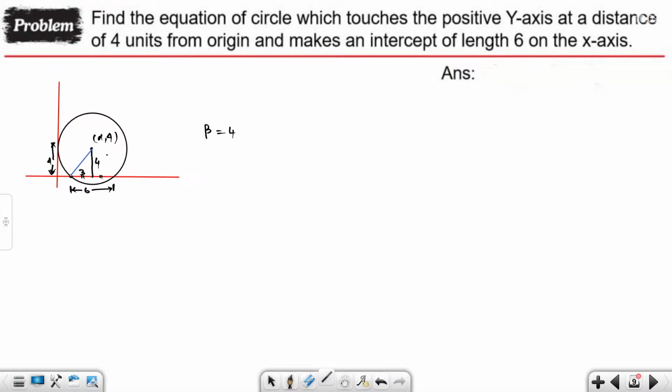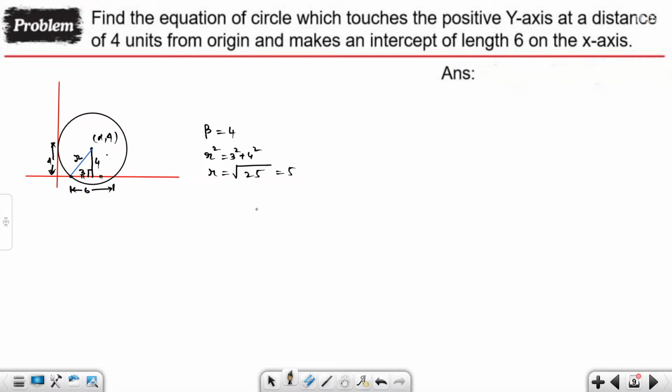This is my radius, but I don't know the radius. Let us say this length is r. From this right angle triangle, r square equals 3 square plus 4 square. It means your r is root over 25, which gives us 5.